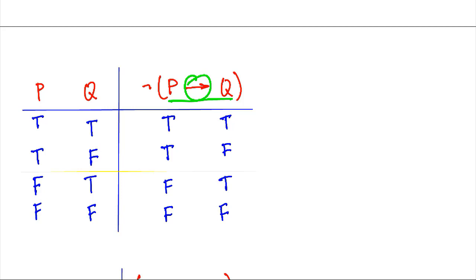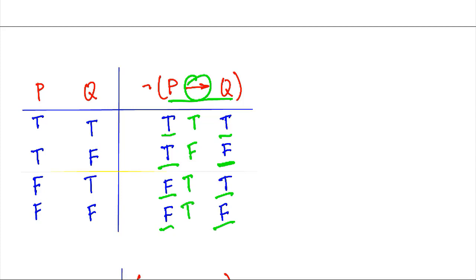So looking at the characteristic truth table for the conditional, true and true, this is going to be true. True and false, that's going to be false. False and true, that's going to be true. And when both the antecedent and the consequent are false, that's going to be true.